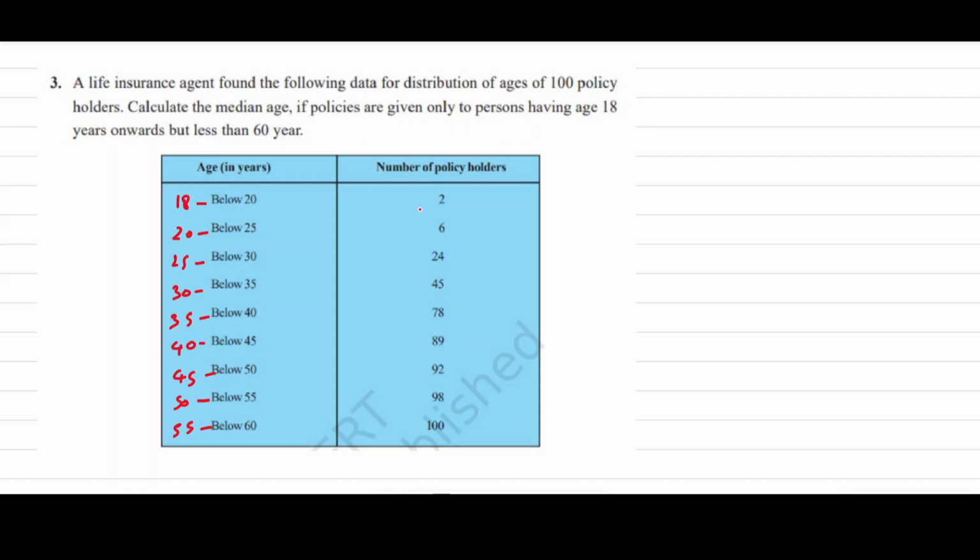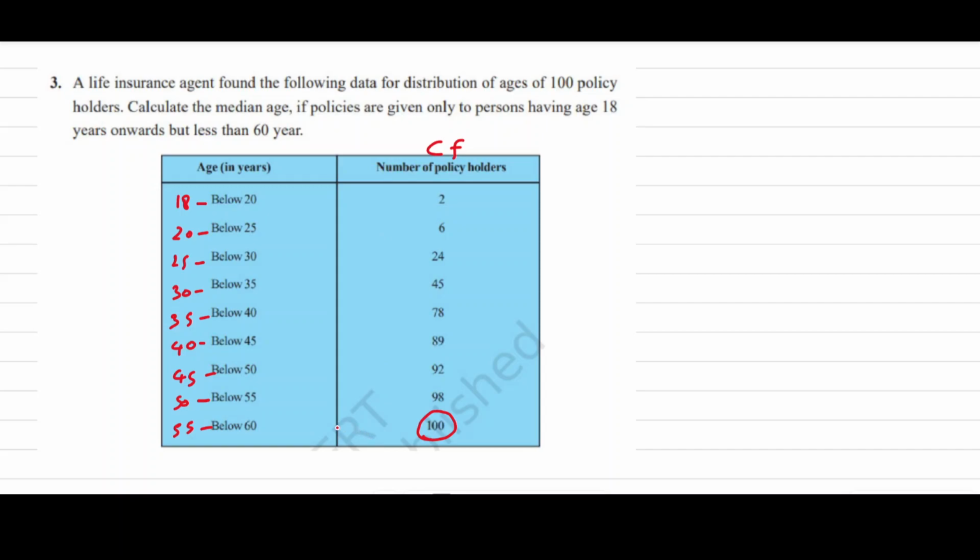That means the policy holders here are like a CF, because this person is for lifetime, so above 60 years it will be calculated as well. So this is the given information about CF. Clear? Now here is the last value, which is the total number.